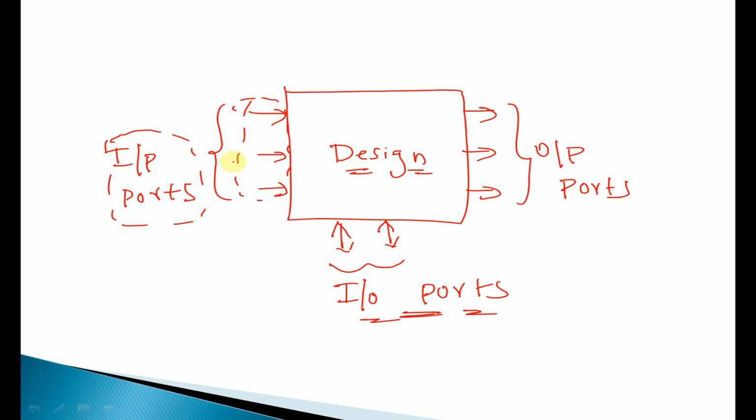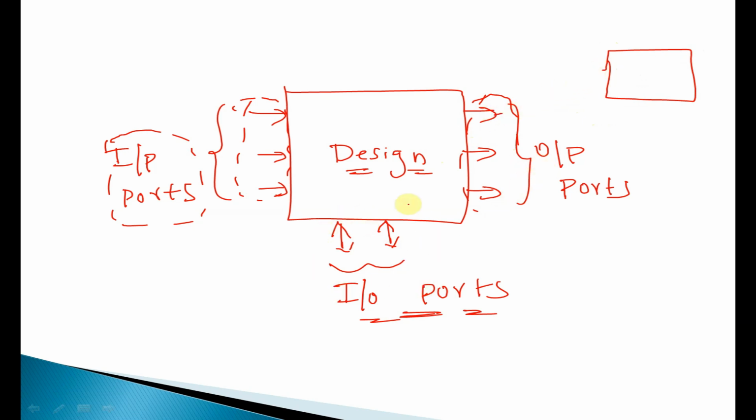Using these input ports, or input interface, the design is getting the input stimulus, and using the output ports, or output interface, the design is giving the data to the outside environment, or to some other module. If you have some other module, these output ports are giving this particular data to that module.